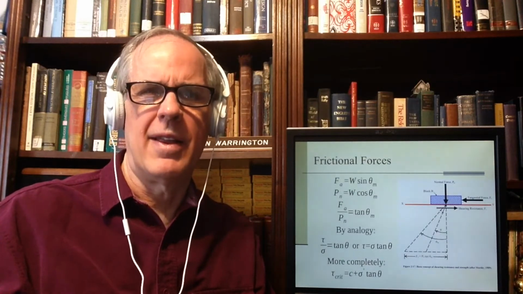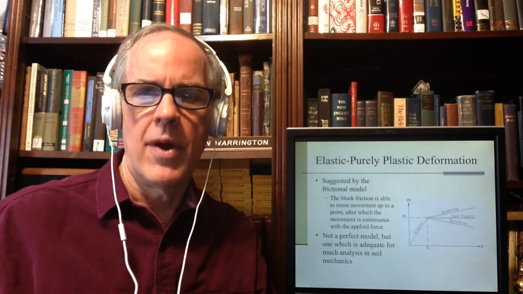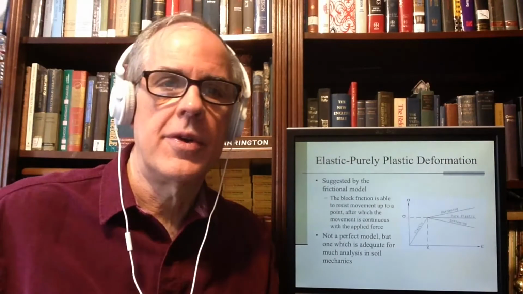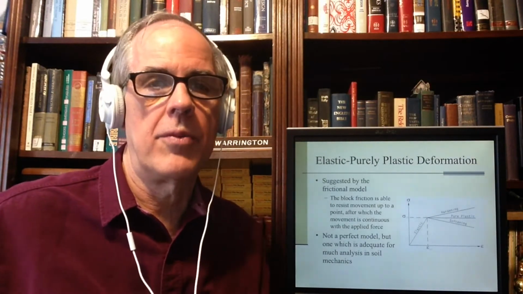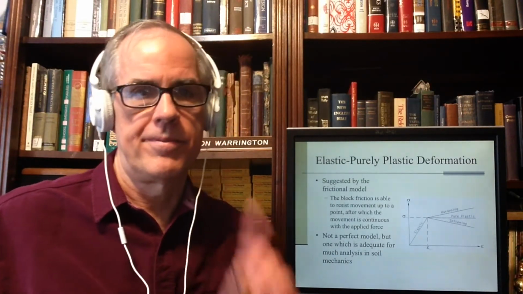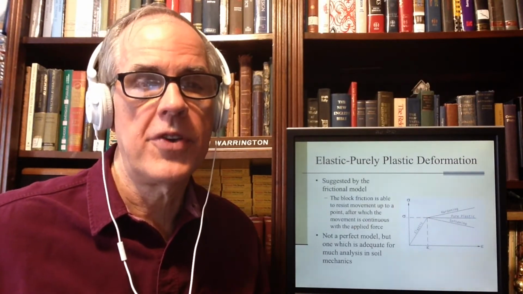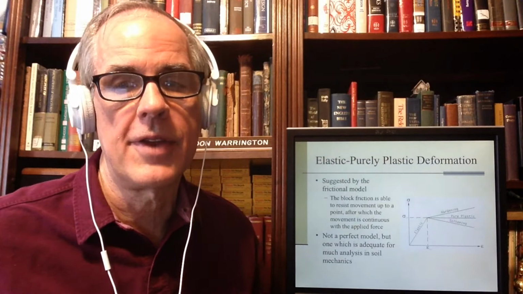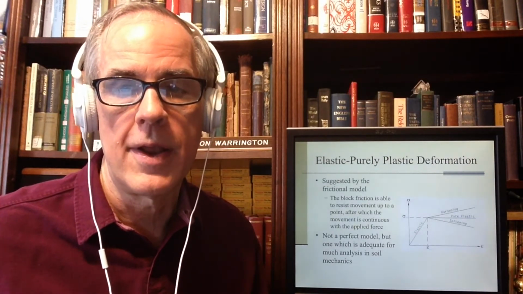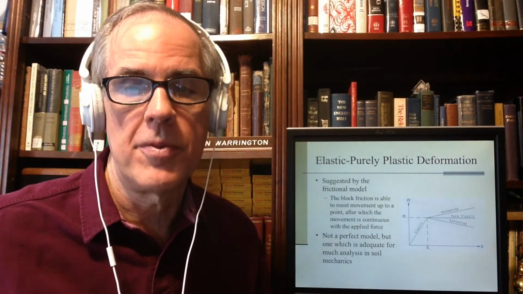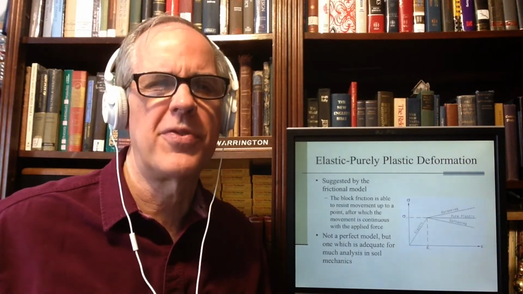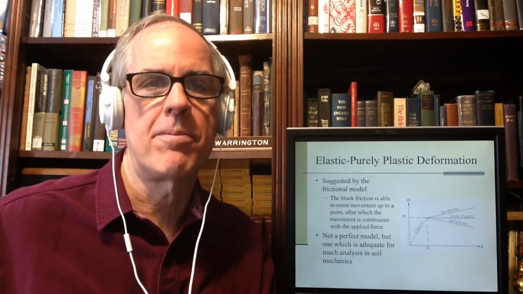So how do we apply this? Well, this is how we do it. And this is important, so pay attention. The frictional model suggests that the block is able to resist movement up to a point after which the movement is continuous with the applied force. That is referred to as a purely plastic model.